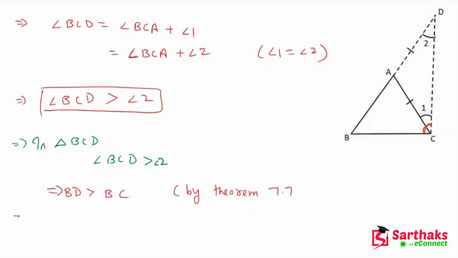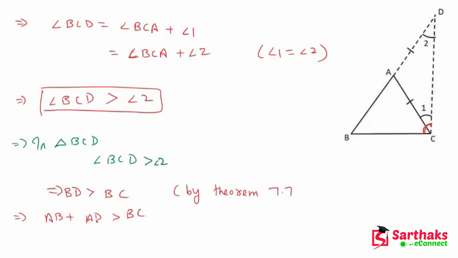Now we can write BD as AB plus AD, which is greater than BC.